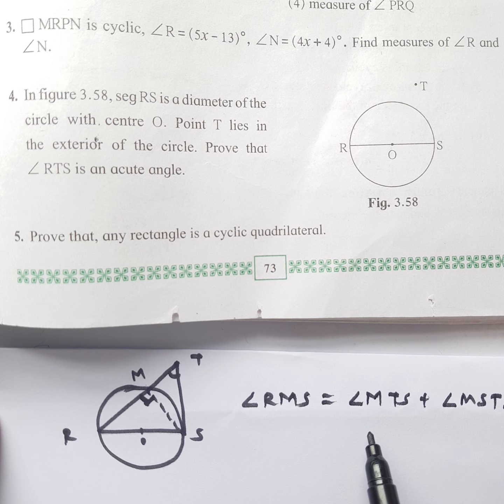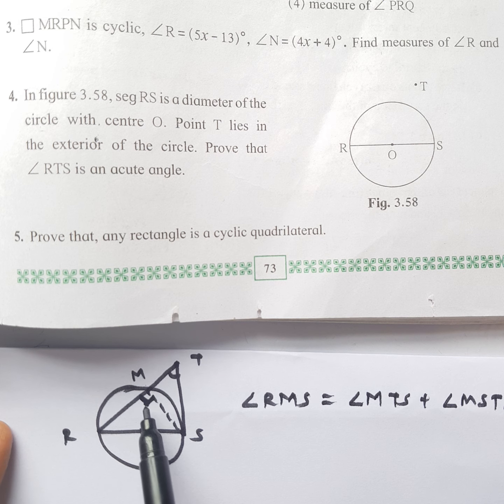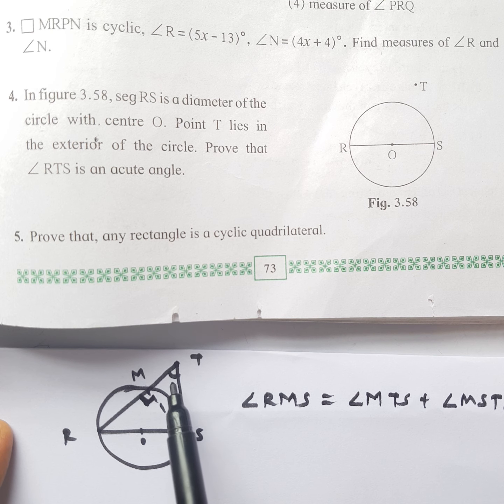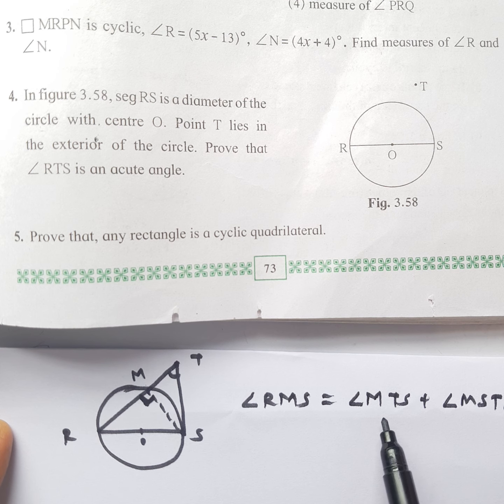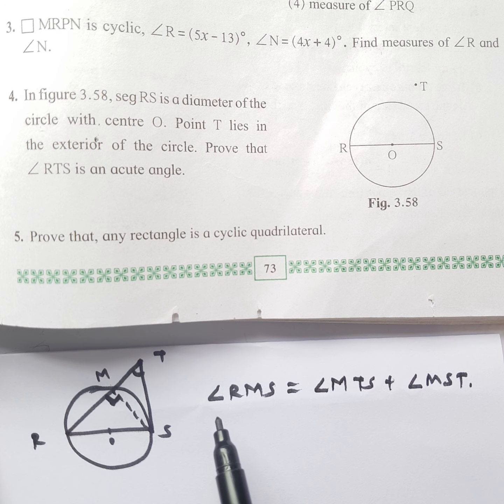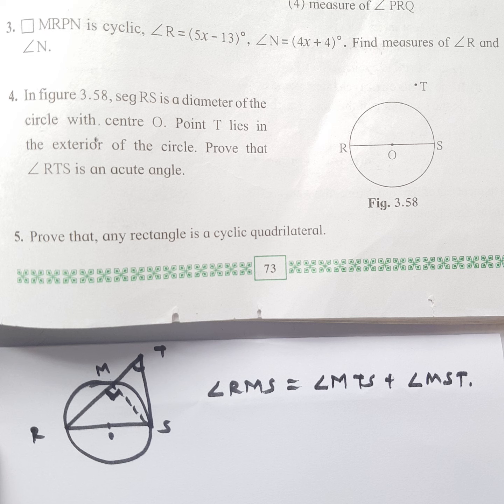Here MTS means RTS. Therefore, the measure of angle RMS is 90 degrees, and the measure of MTS must be less, because RMS is equal to angle MTS plus angle MST.